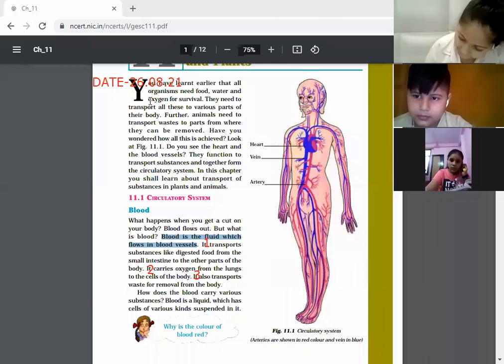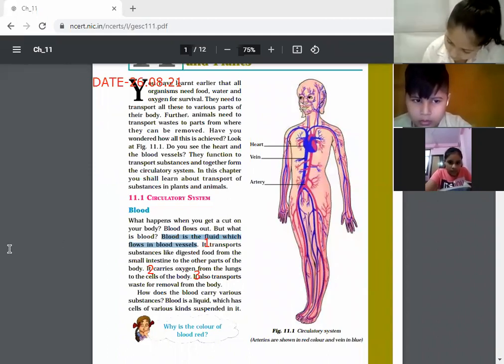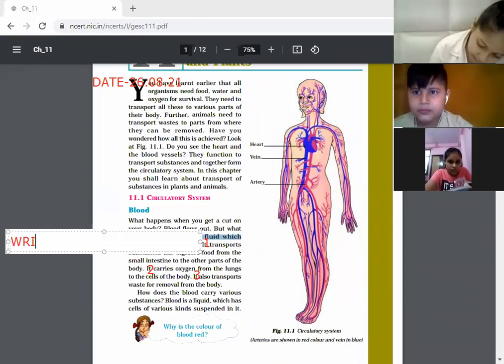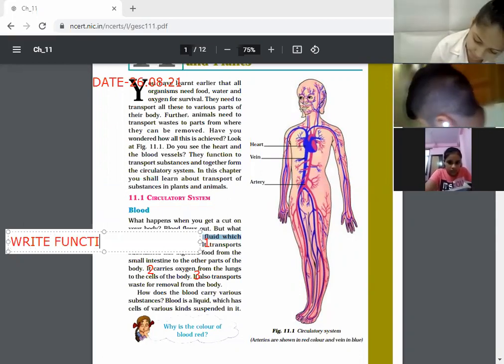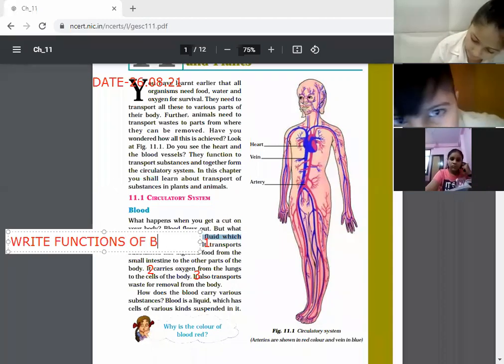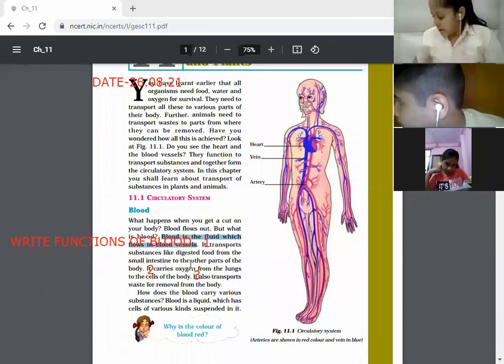Kindly write down the question. You can frame one extra question over here: write down the functions of blood.